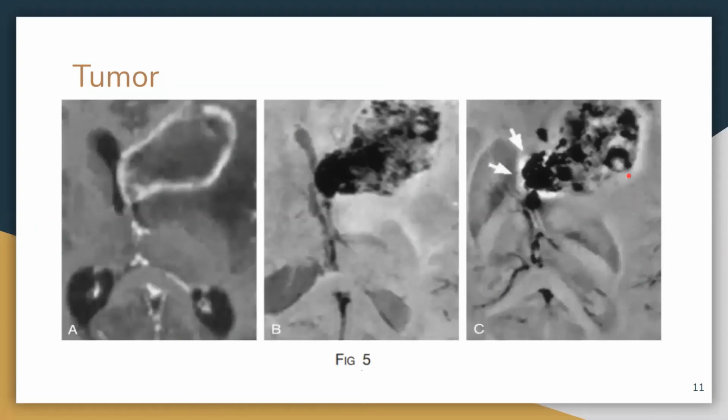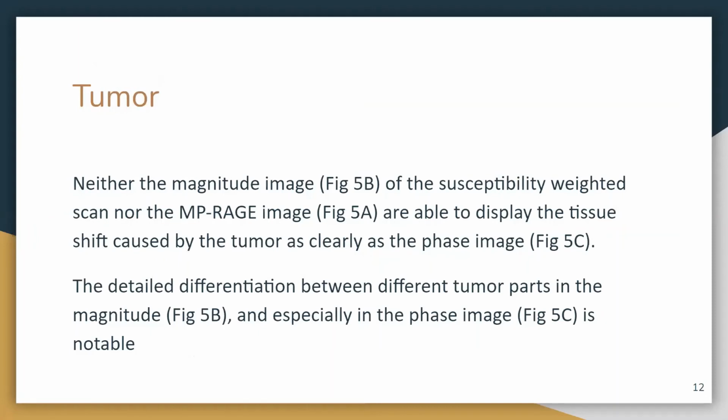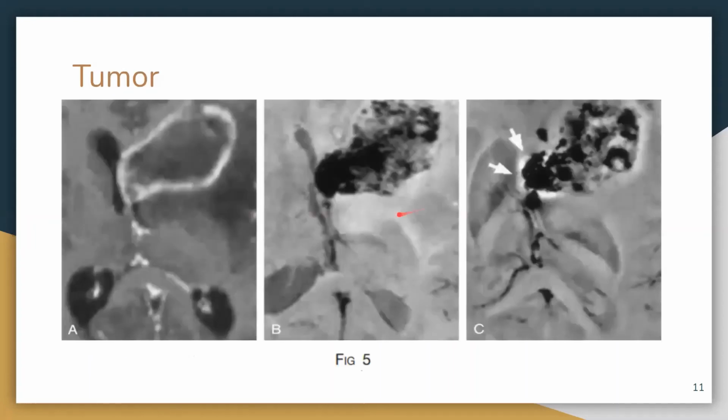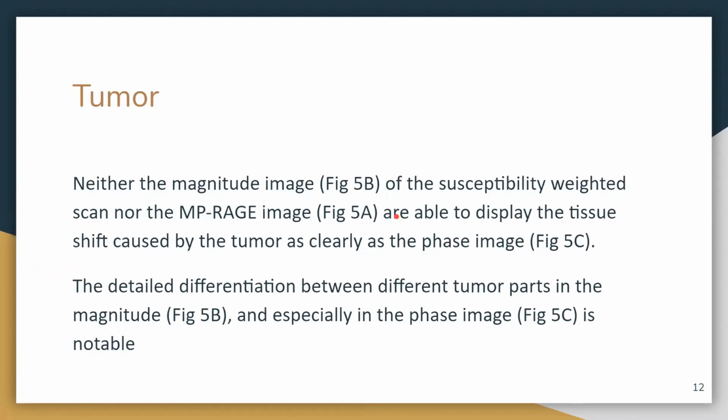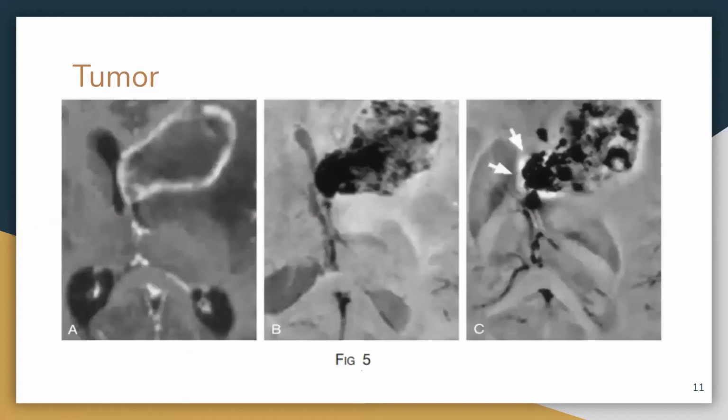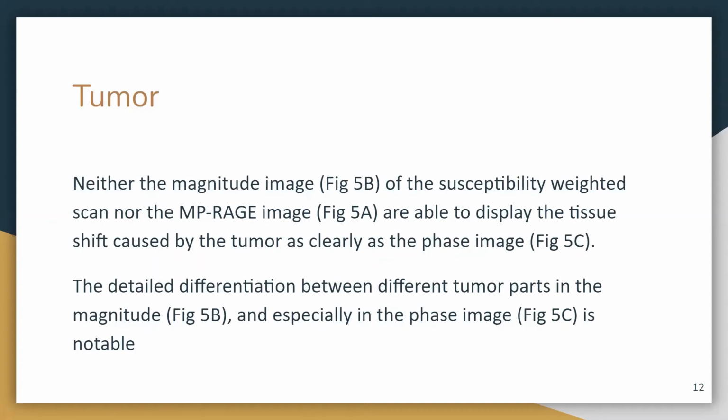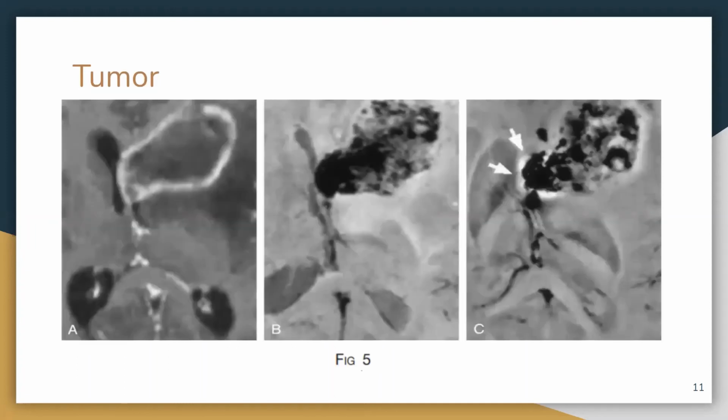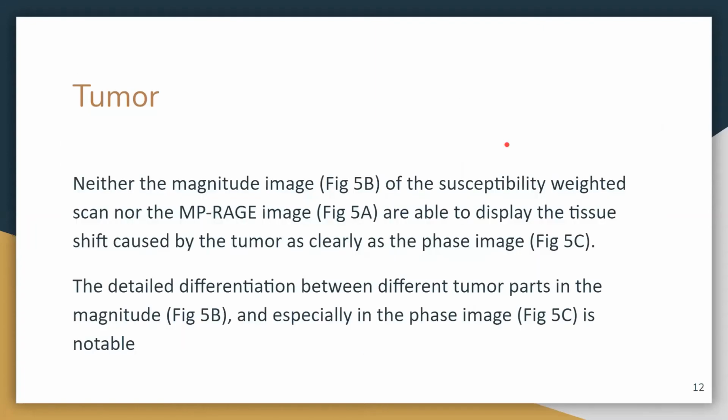And moving on, coming to the tumor, the figure 5B is the magnitude image of the susceptibility weighted scan, and the MP-RAGE image of magnitude is 5A, which are able to display the tissue, but we cannot see the clear shift in the tissue, which can be seen here in the 5C, which is a phase image.